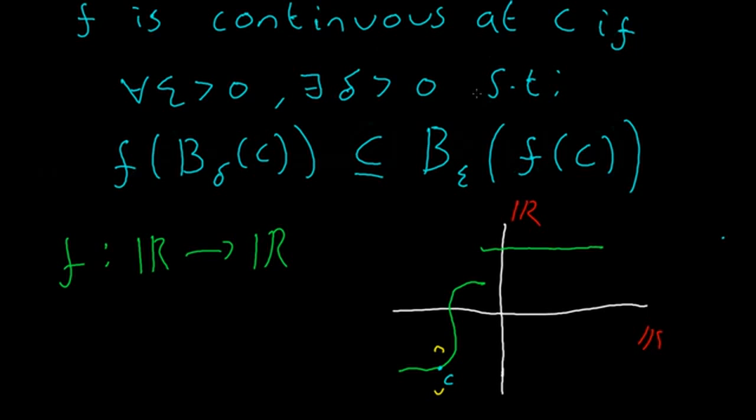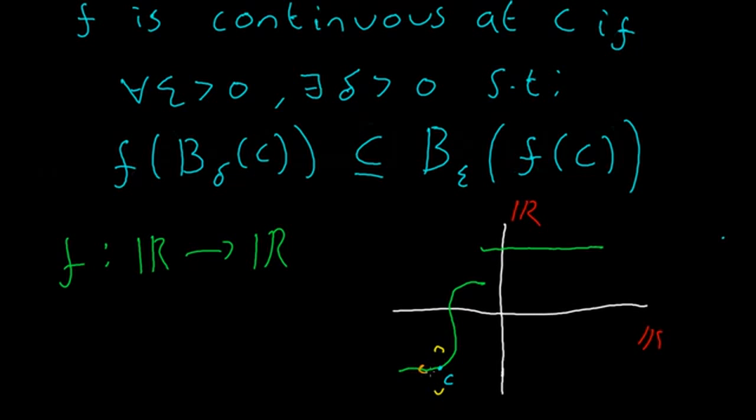So what we want is, we say it's continuous if we can find a ball of radius delta around c in the domain, such that when we pass this ball through the function, then it will fit inside the ball in the codomain that we've picked. And we can find a ball that fits inside here.